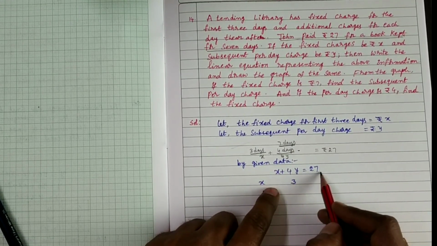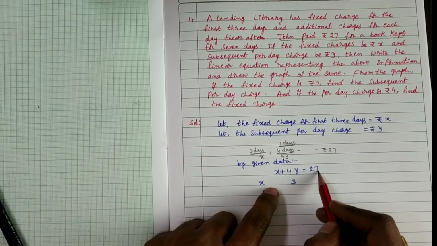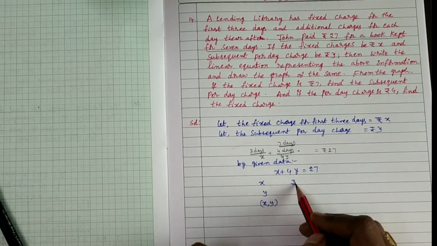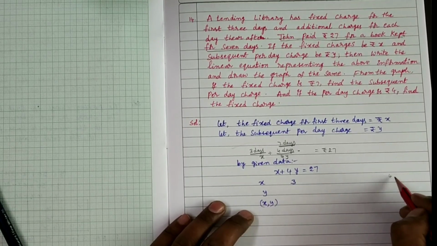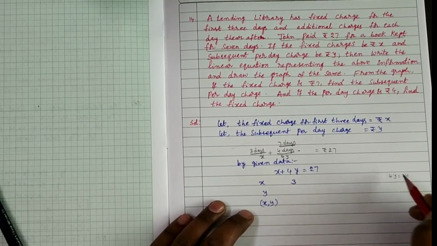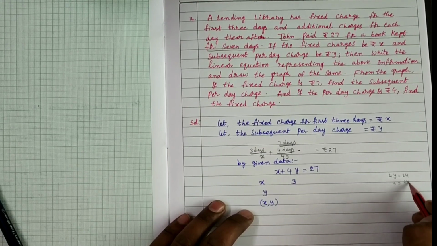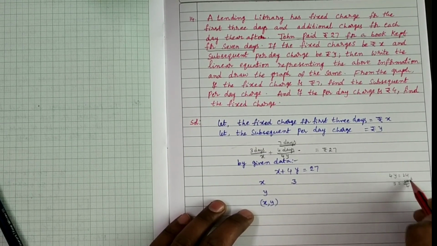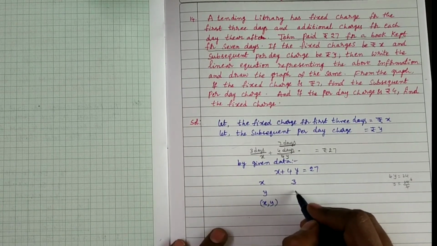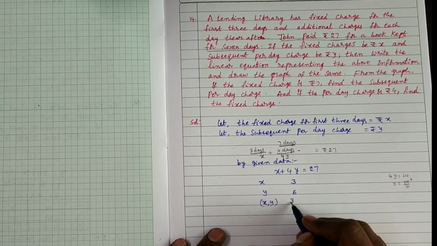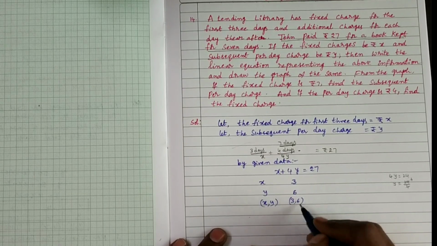Send 3 to that side. 4y is equal to 27 minus 3, that is 24. Then y is equal to 24 by 4, that is equal to 6. So the y value will be 6, and the point will be 3 comma 6.